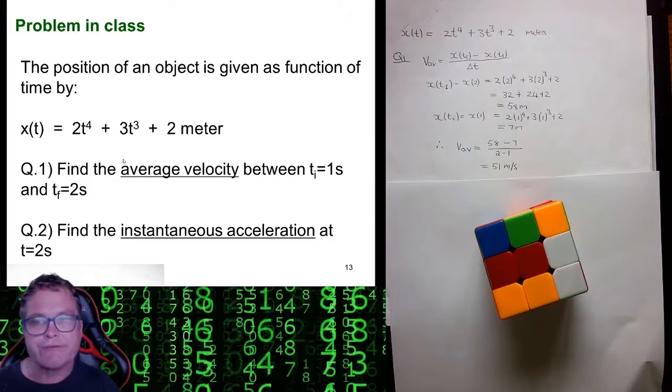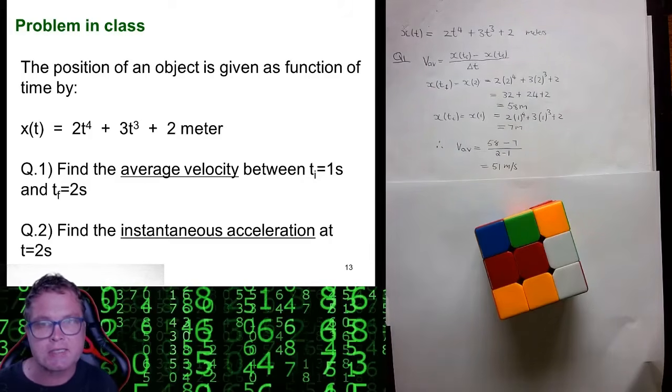Question 1 is to find the average velocity between ti equals 1 second and tf equals 2 seconds. The subscript i refers to initial, so the initial time of 1 second and the final time of 2 seconds. The way to do this problem is to always start with the definitions.